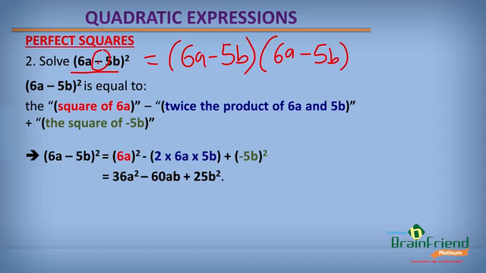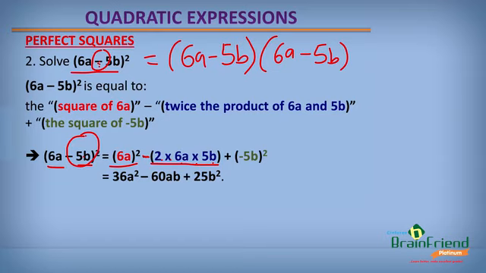Now for 6a minus 5b, to expand this, we will have the square of 6a, which is 6a squared, minus twice the product of the two terms, that is 6a and 5b. Minus, because what is given in the question is a negative sign. So minus 2 times 6a times 5b plus the square of the other term, that is minus 5b.